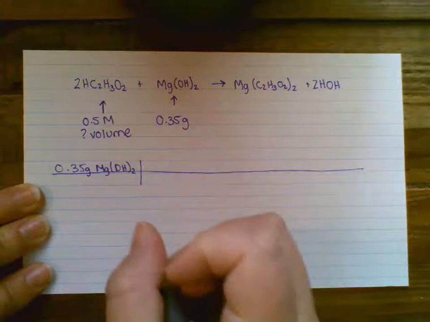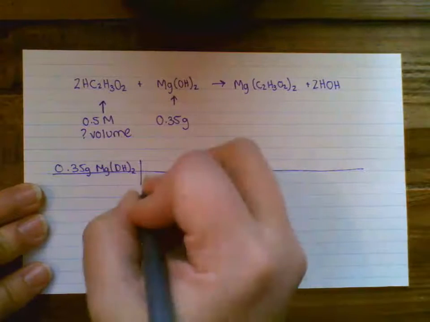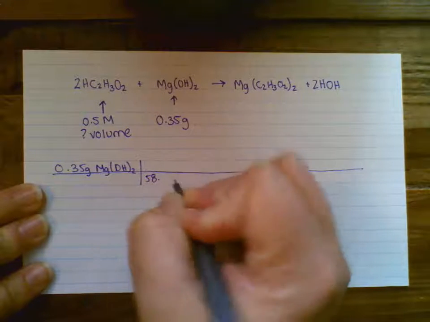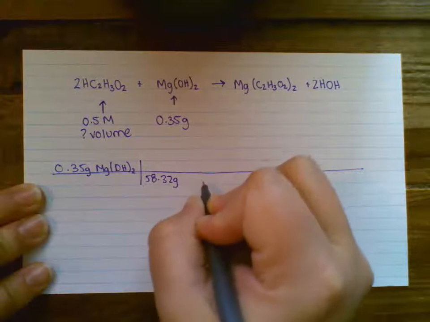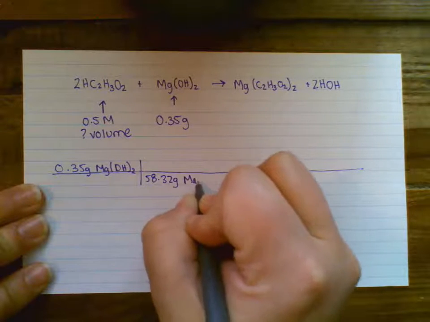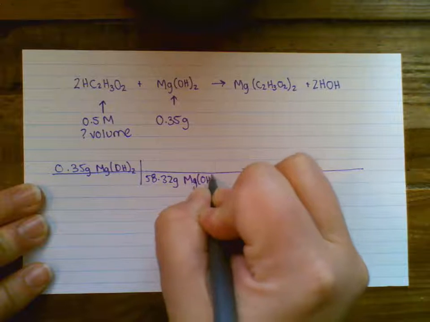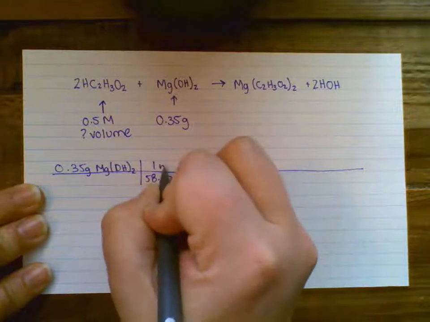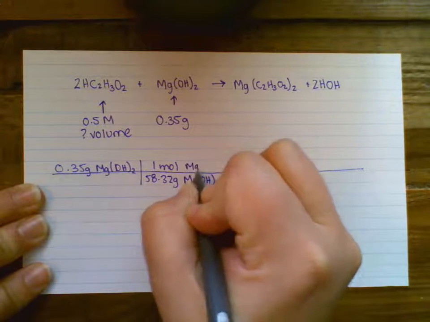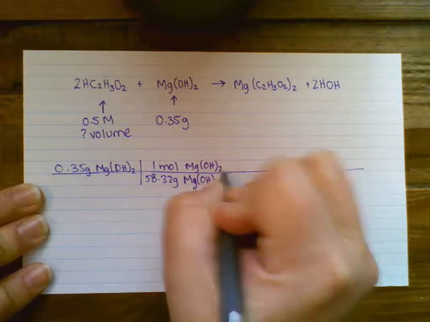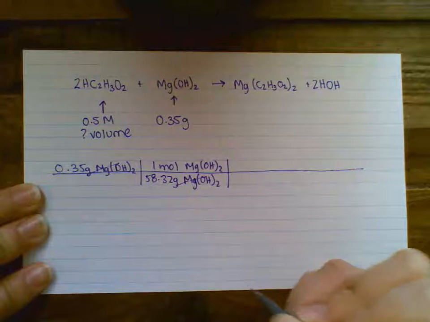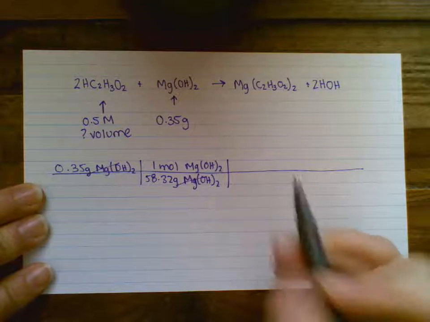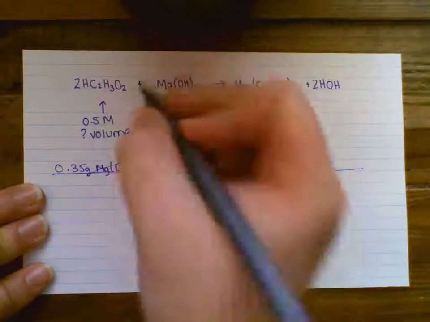So my molar mass of magnesium hydroxide is 58.32 grams per 1 mole. Now my grams are going to cancel. I'm left with moles of magnesium hydroxide. So now I'm ready to use my mole ratio.